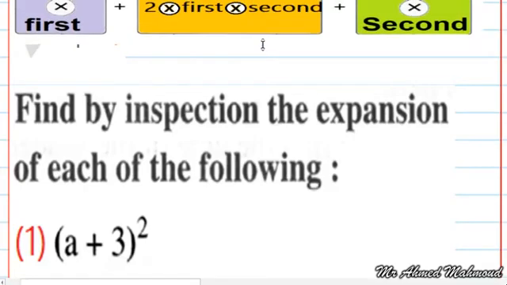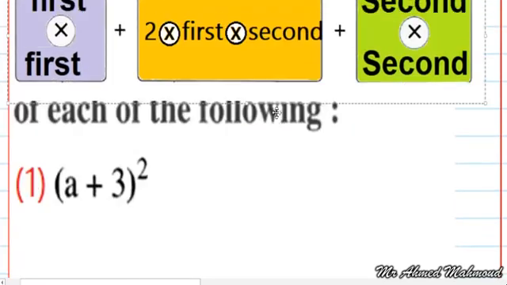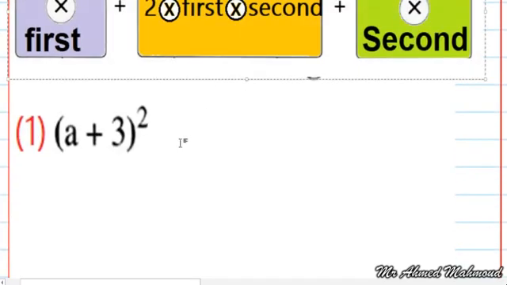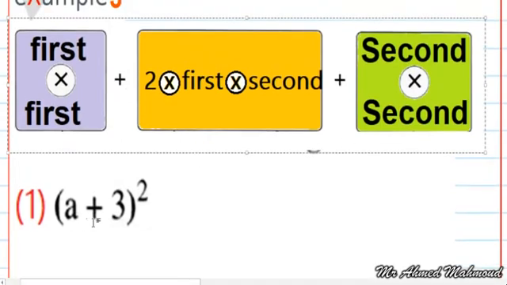Find by inspection, it means use this rule. Okay, here we are going to multiply (a plus 3) all to the power of 2 using this rule. Okay, don't forget a is the first, 3 is the second.